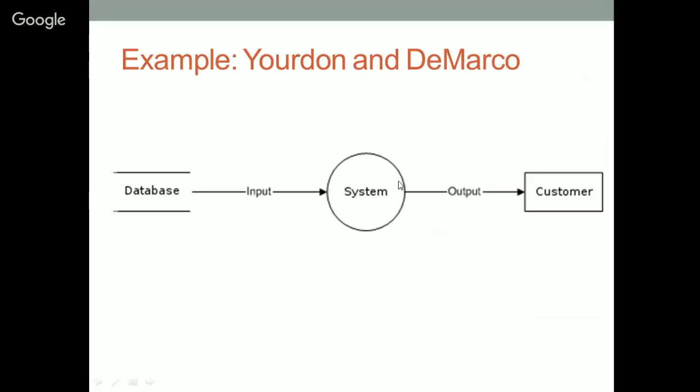And this process manipulates the data in some way, and then the information flows from that process to our external entity, or our output, which is the customer. So that's just a really simple example.